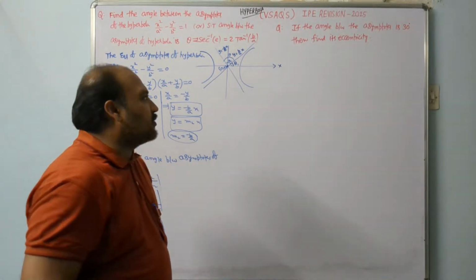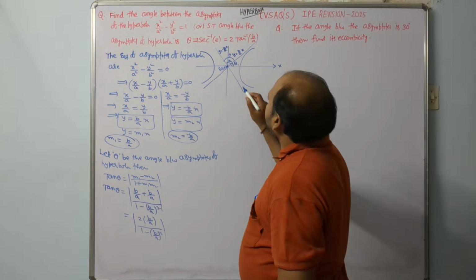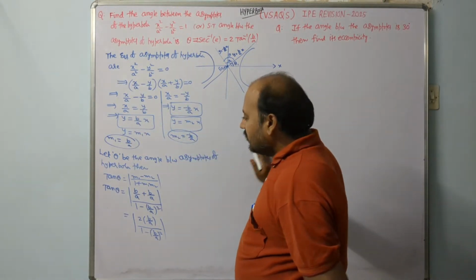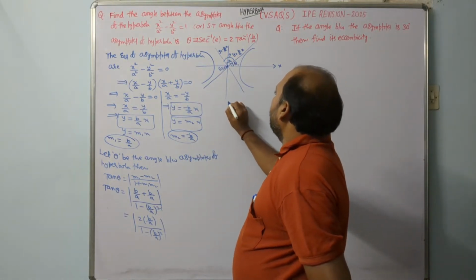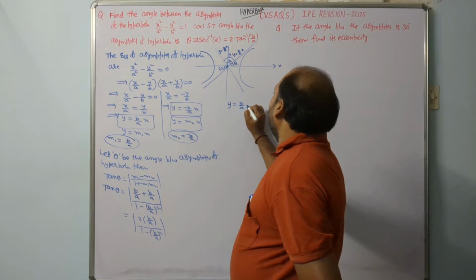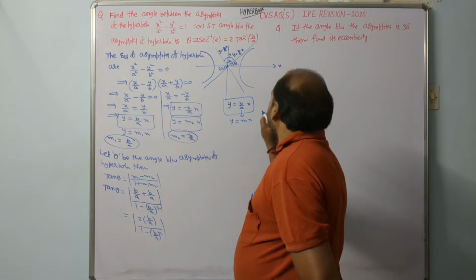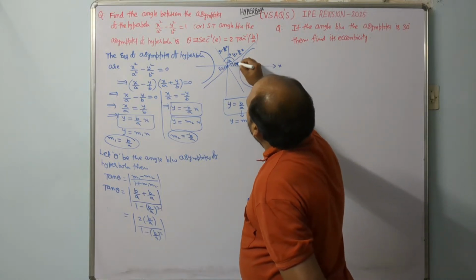You remember, dear students, individually we are taking. So these two are two equations of asymptotes now. So b by a generally what will come? Slope. So y is equal to b by a x means it is comparing with y is equal to mx. So it makes an angle, of course.